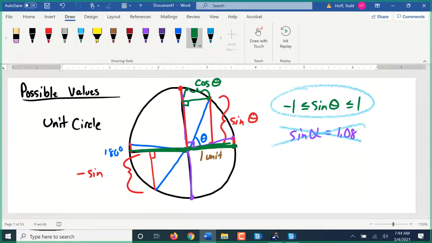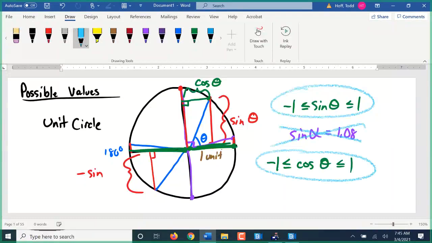So just like the sine, the cosine of an angle has to be between -1 and +1. Those are two restrictions that are very important for our trig functions. If you ever get into a situation where you're trying to do an inverse trig function and you have a sine or a cosine that's larger than 1, you can't reverse that because it just can't happen. The sine or cosine cannot be outside of that range of -1 to +1.